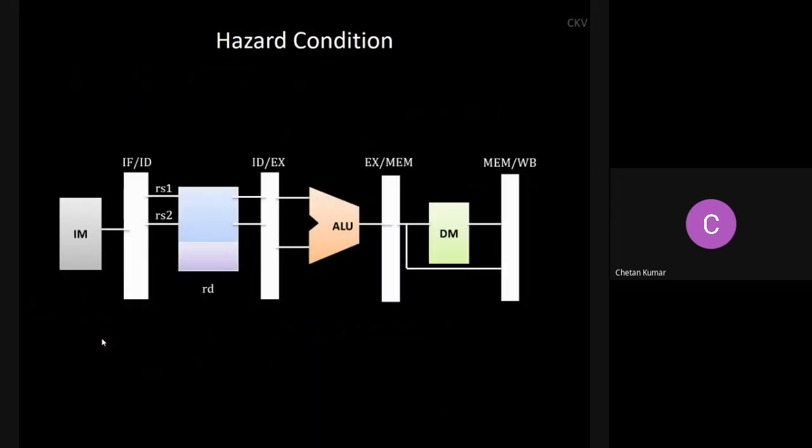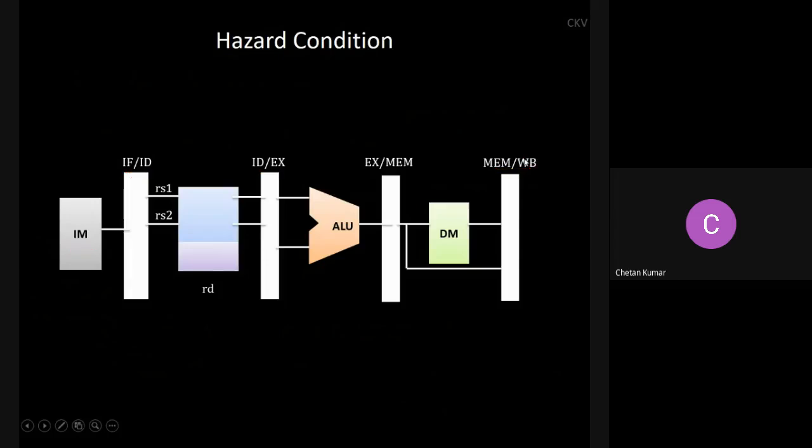So let's assume this is the pipeline structure. I have not shown the entire datapath, to make things a little simpler. I'm just explaining the important stages. So here you have the instruction memory. I'm not showing the individual multiplexers and all, just for simplification. Then you have the IF/ID register here, ID/EX, EX/MEM, and MEM/WB.